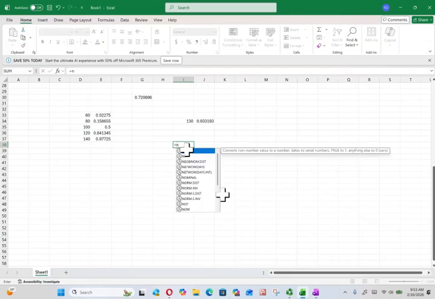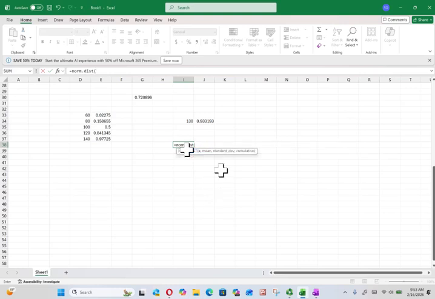Equals norm.dist. What's to the left of 507? 507, comma, 517. I say that was the average.